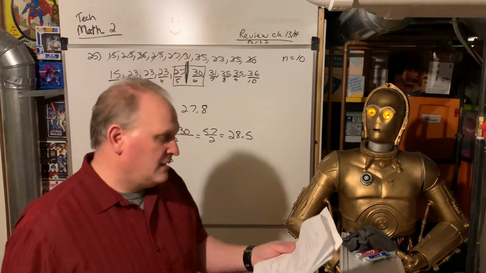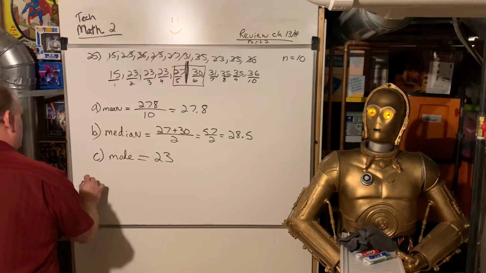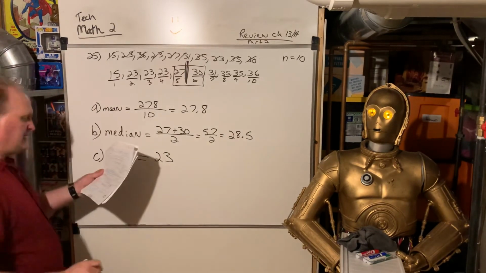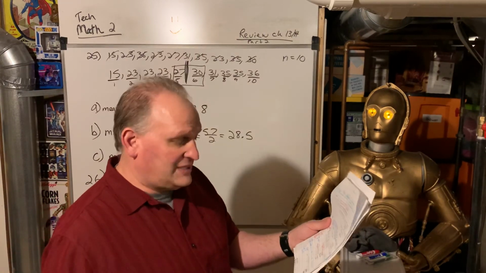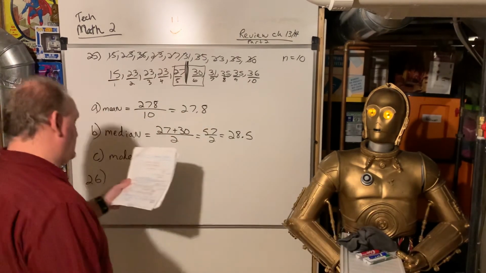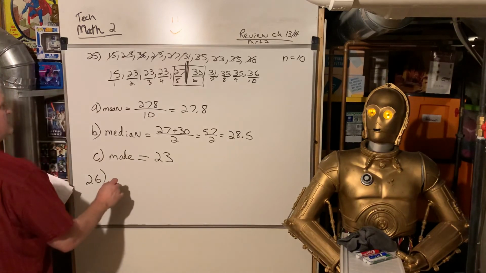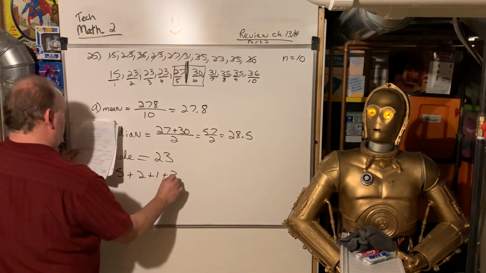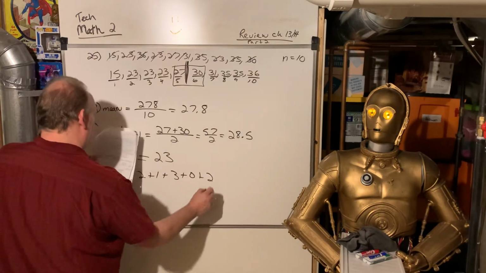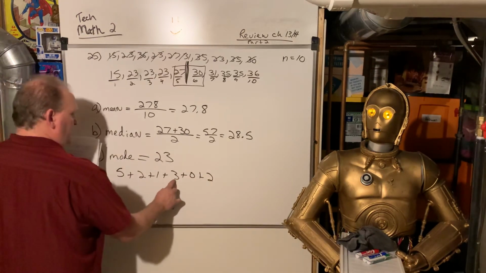All right. And then there is one like 26 on the test, where it says a sample of cars sold in a week are 5, 2, 1, 3, 0, and 2. What's the mean? So that's pretty easy, right? I hope that's pretty easy. 5 plus 2 plus 1 plus 3 plus 0 plus 2 divided by 1, 2, 3, 4, 5, 6.